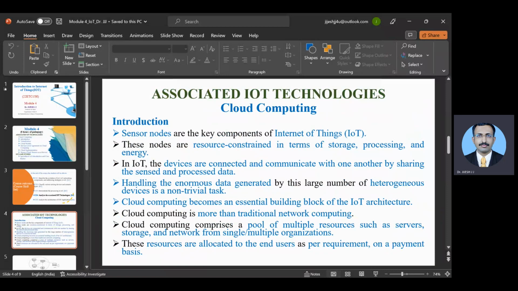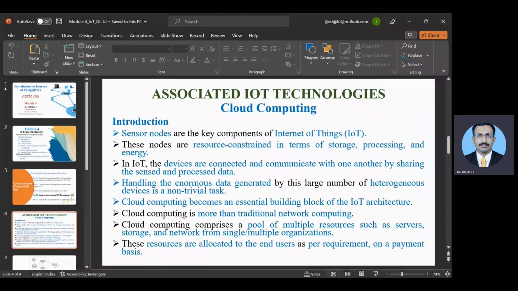For example, you have some infrastructure facility where the computers are connected and you are transferring the information. There is no cloud involved in it. But with cloud, you use servers, databases and a cloud model. You implement a cloud infrastructure wherein you make use of the computing capacity to do all the processing.